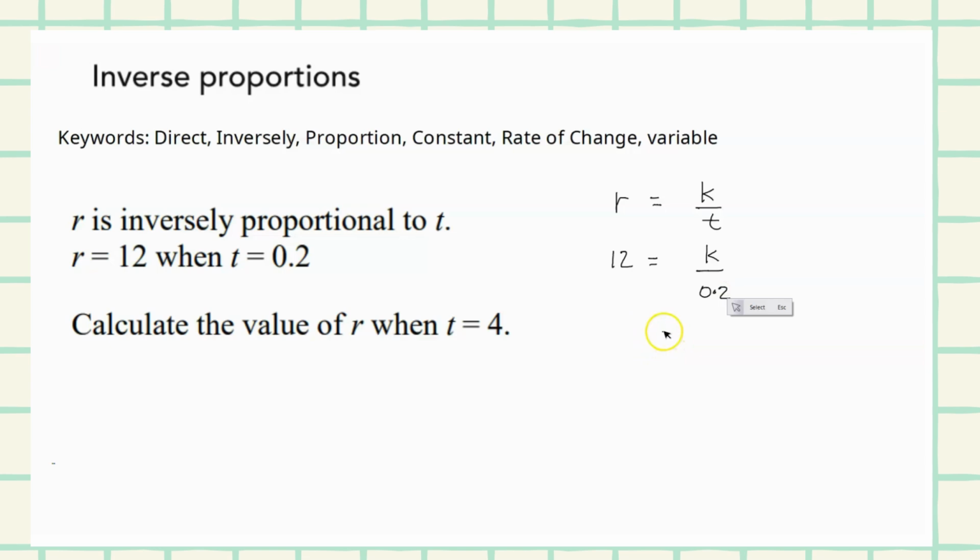So here k equals 2.4. So now calculate the value of R when T equals 4. So R equals k, which is 2.4, all of that over T, which is 4. So it means that R equals 0.6.